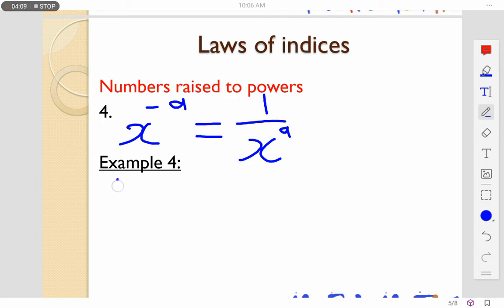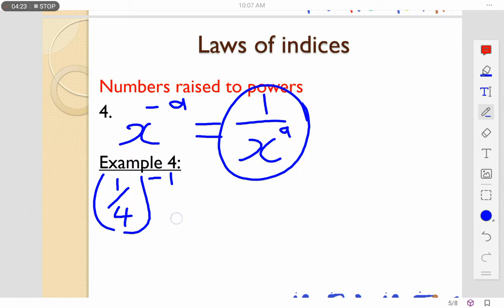Let's have an example. I've got 1 over 4 to the power of minus 1. So in this case, before I do anything, I look at 1 over 4. Sorry, let me rewrite this. I'm now going to have 1 over 1 over 4, like this. So when we do this, 1 over 1 over 4, we simply get an inverse of everything.